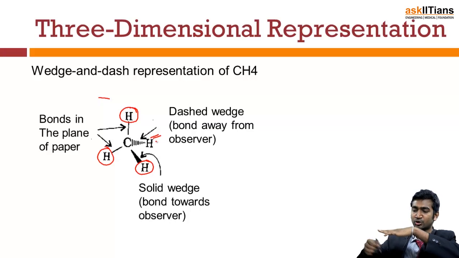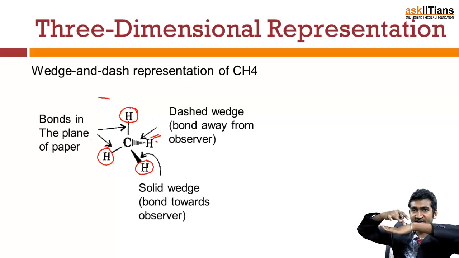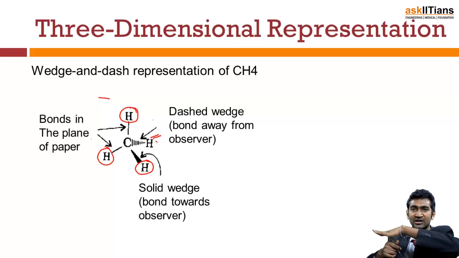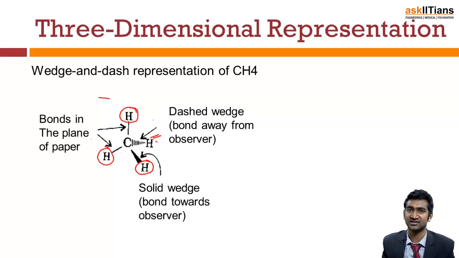So two are on the plane, one above this plane and one below this plane. That is how my CH4 structure is, tetrahedral. What is the hybridization of CH4? It's sp3, tetrahedral.